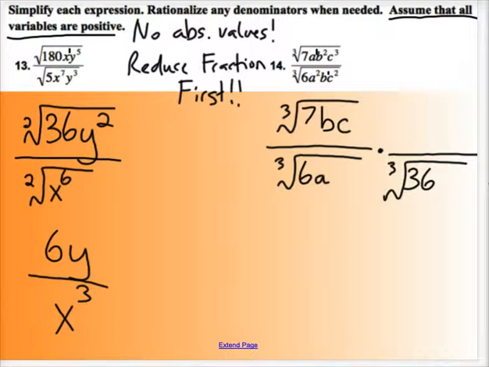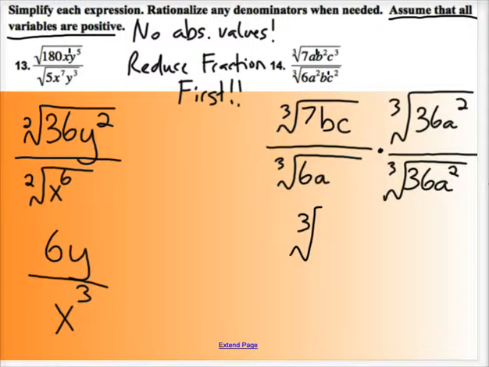I have an a on the bottom. And again, to complete a cube, I need 2 more a's. So I need a squared down there. And remember, once we identify that, we need to multiply the top and bottom by that same thing to ensure we're not changing the value of this fraction.